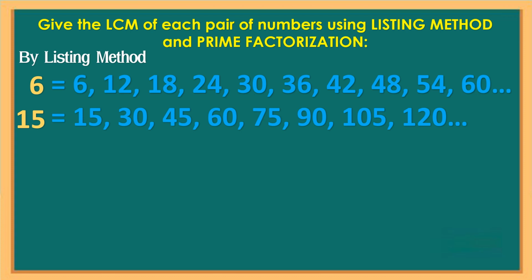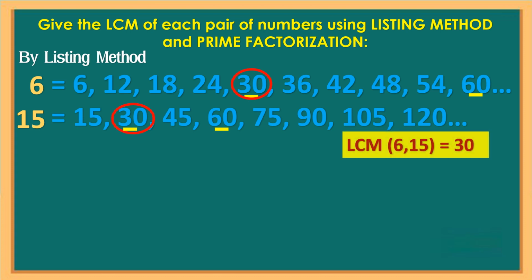We have two common multiples. These are 30 and 60. But what we need is the least common multiple. So we have 30. The LCM of 6 and 15 is 30.